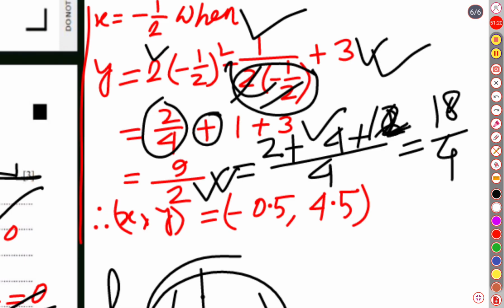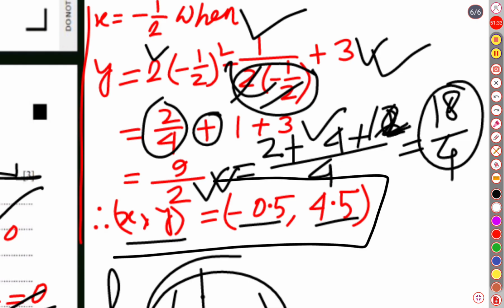So the x coordinate we have already obtained, negative half, means negative 0.5, and 18 over 4 means 4.5. They have told us to find the stationary point. We have found the stationary point as negative half and 4.5. So what is the summary of this solution?